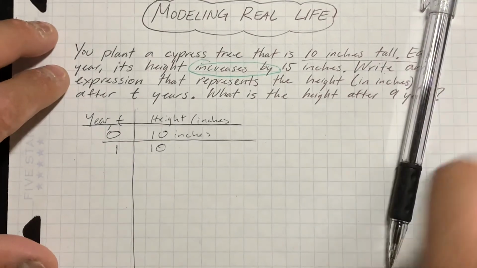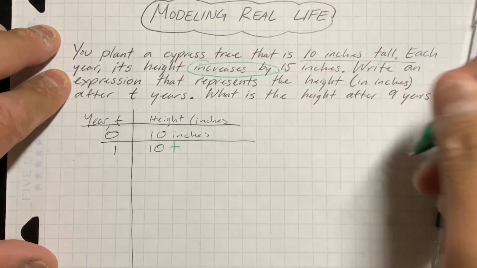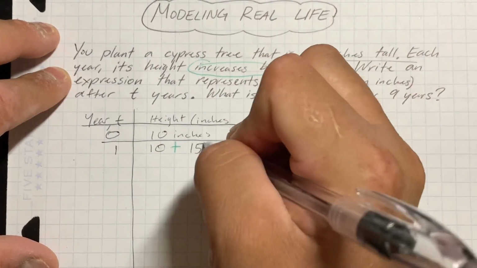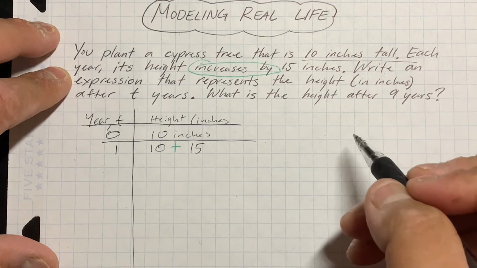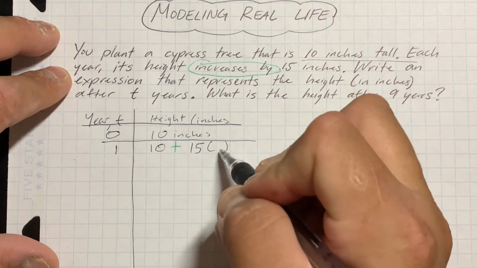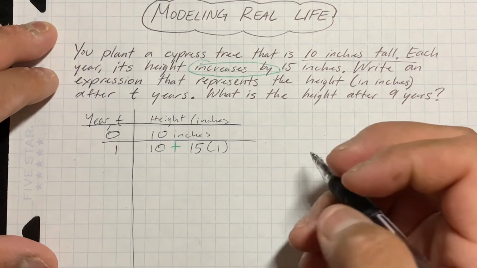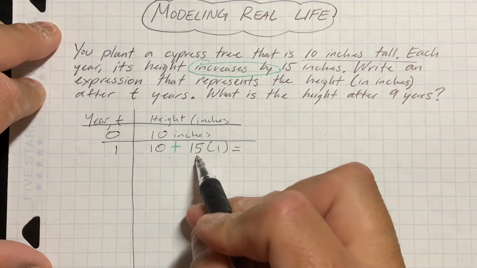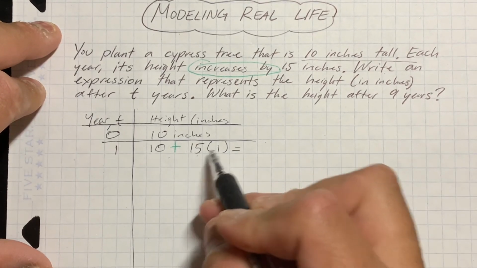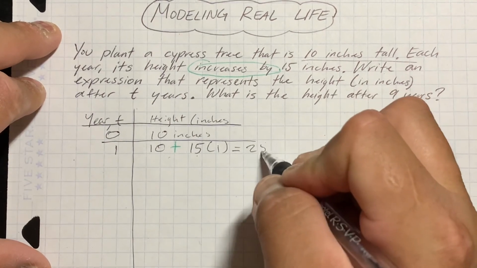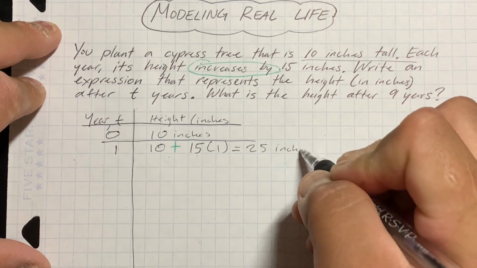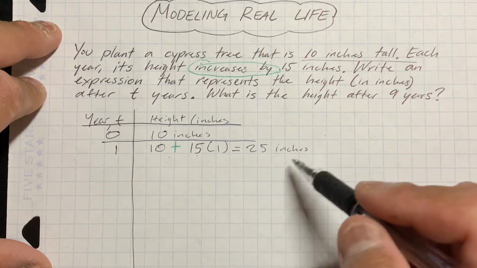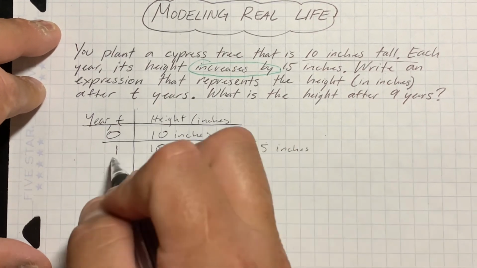So it increases by 15 inches, and that's for every 1 year. So 15 times 1 is 15, plus 10 is 25. So after a year, that tree is 25 inches tall.